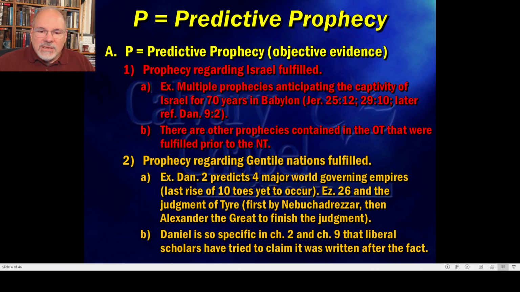The liberal scholars gave it a shot in trying to maintain their position because they simply don't believe the Bible. However, the timing of everything shows that Daniel was written around 600 BC and anticipated basically the entire Gentile world governing situation from Babylon all the way through to Rome.